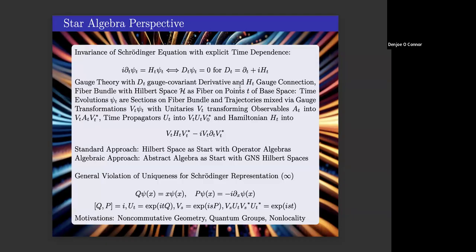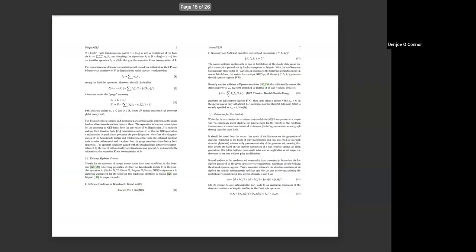And there are many other reasons, like non-commutative geometry with the spectral triple, which Alain Connes did, or in quantum field theory, or non-locality. In many-body physics, you sometimes have non-local states, and for all this, it's better to work in the star-algebraic picture. So this is a justification, and now we'll get some results.